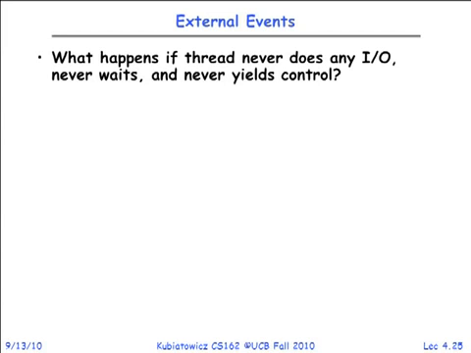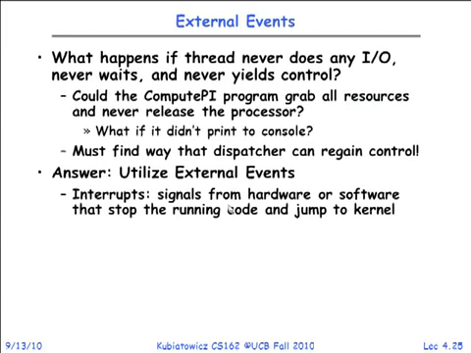We'll talk more about this next time, but an interrupt basically signals from hardware or software in some cases that basically reach in, grab the CPU out from under the thread, and go back into the kernel and start executing. So this is a kind of a hard grab the CPU away. Doesn't matter what it's doing, stop now. Okay, I have control.